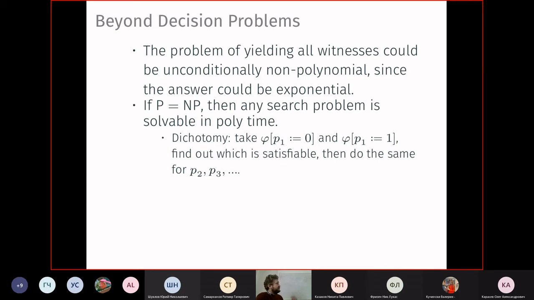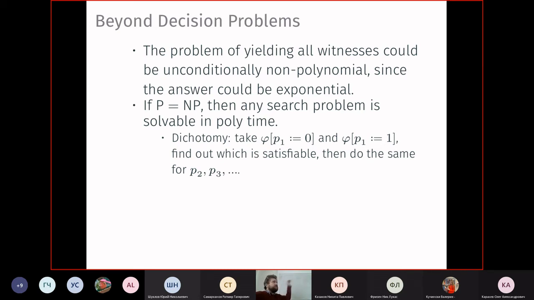Find out which is satisfiable, then do the same for p2, for p3, and so on. And by Cook-Levin style reductions, this can be performed for any NP problem. You should be a bit careful about that, but search problems can be reduced to decision ones, and this is what you are doing now in your home assignment, but there is some extra thing that you have to do.